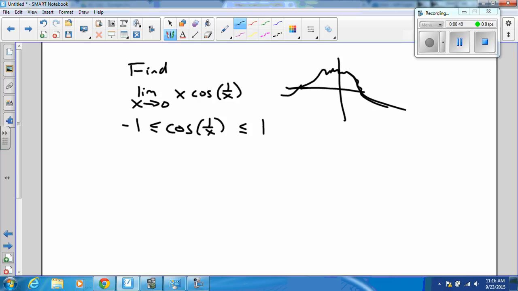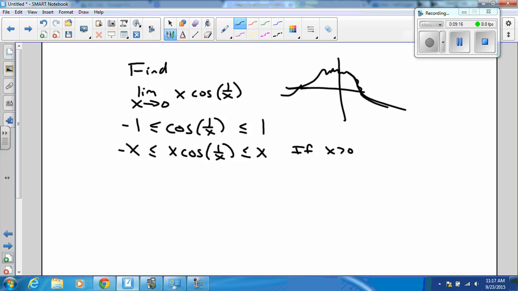And then I observe that for x greater than 0, I can multiply through by x and find that this is true. Now, I required that x be greater than 0 because if x is less than 0, what do I have to do with the inequalities? I have to flip them, right? So I'll come back and handle that in a second.